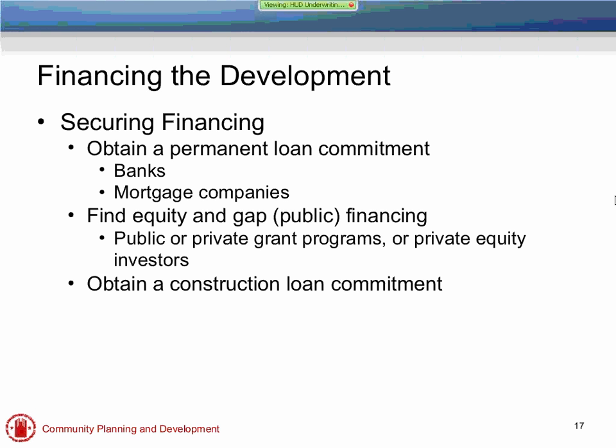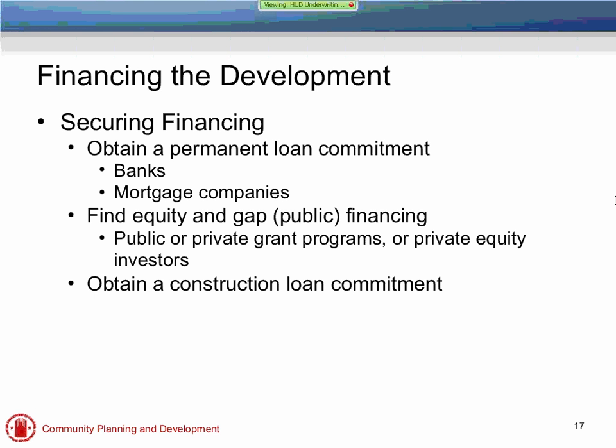And the return may be in the form of cash flow, or the return may be in the form of some sort of other benefit like tax benefits. And tax benefits are one of the principal inducements that we have to offer private investors on affordable housing projects. Most of the affordable housing projects that get private investment get investment for things like low-income housing tax credits or historic rehabilitation tax credits.